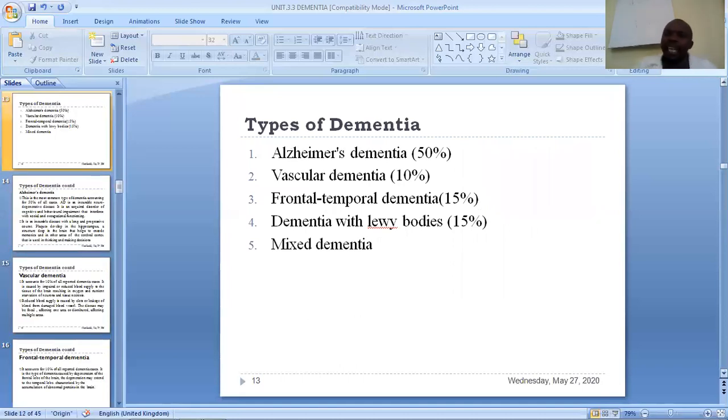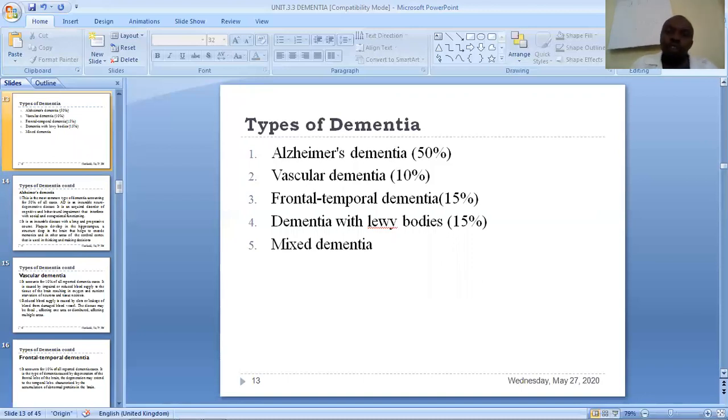Now, let's look at the types of dementia, having gone through the causes of dementia. Number one type, which is the most common, is Alzheimer's dementia, which caters for 50% of the clients with dementia. Then we also have vascular dementia, which only caters for 10% of the patients with dementia.